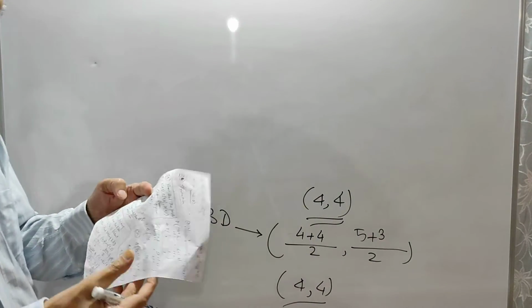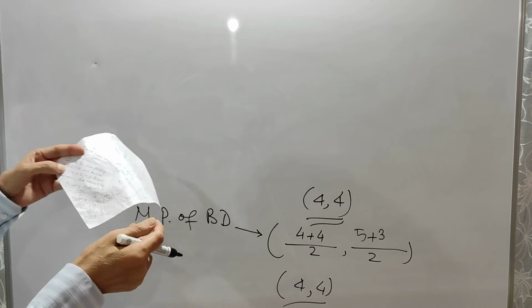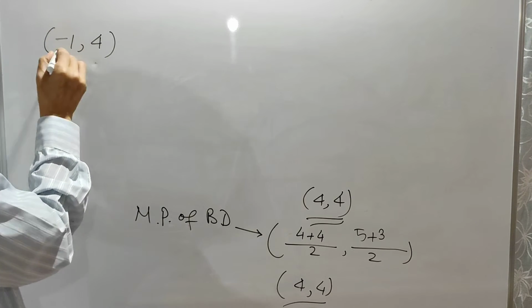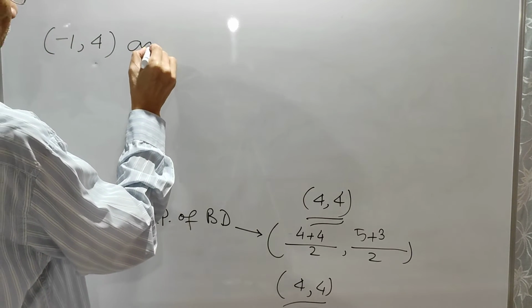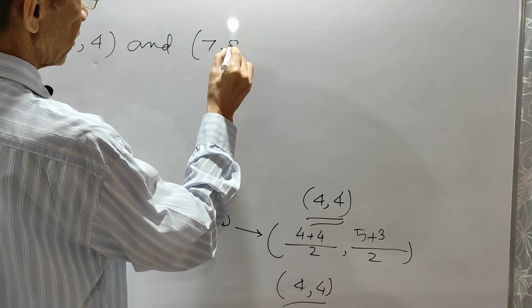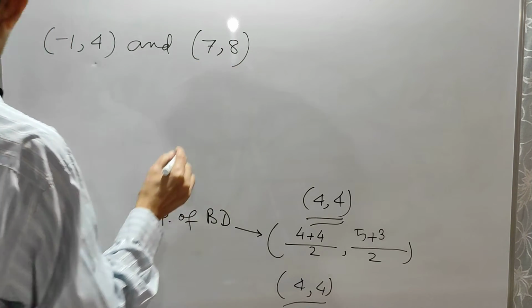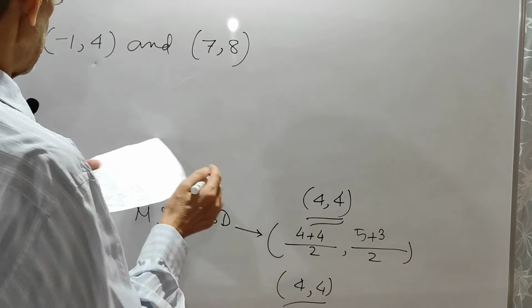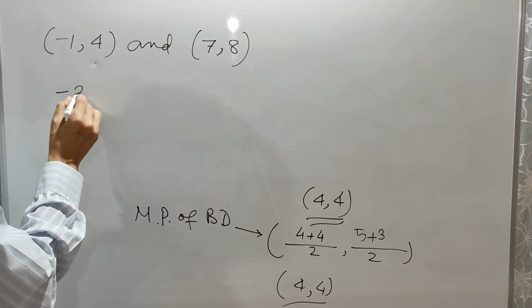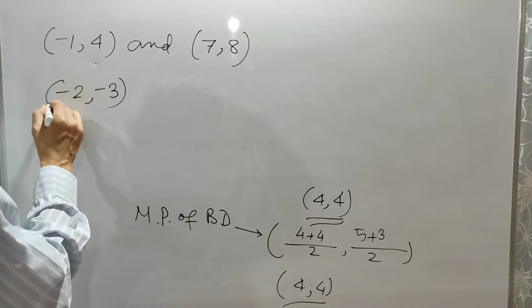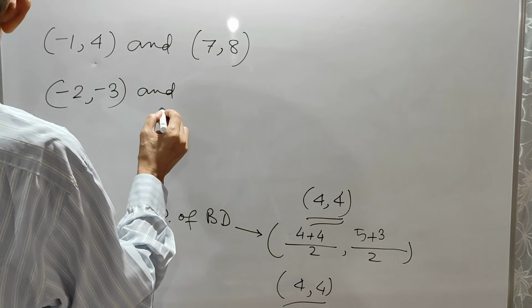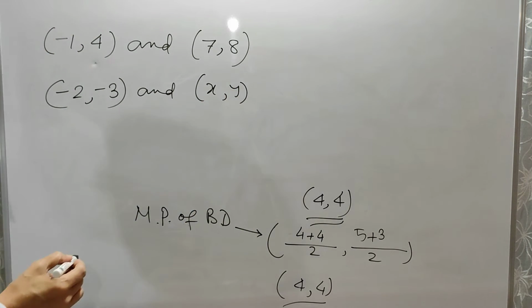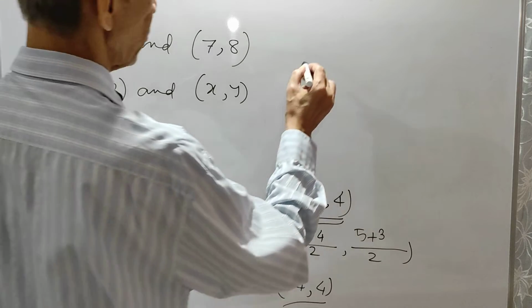Now this one. If the line joining -1, 4 and 7, 8, and the line joining -2, -3 and x, y bisect each other, find the values of x and y.